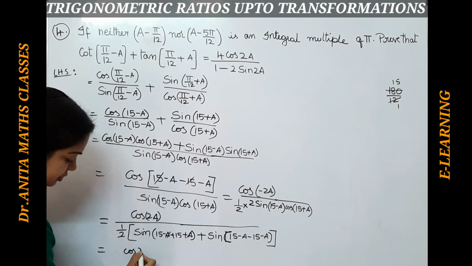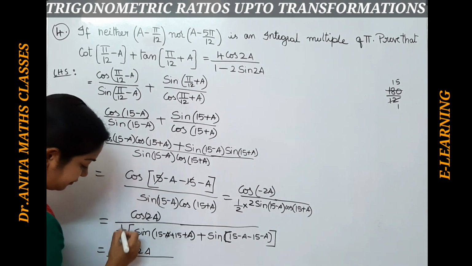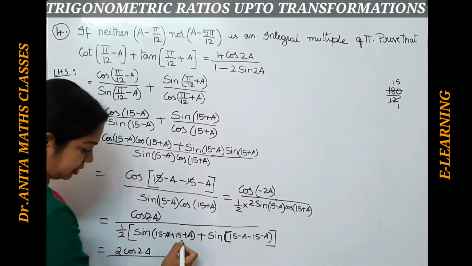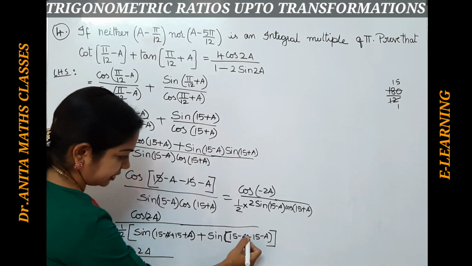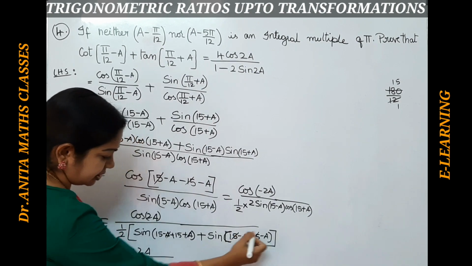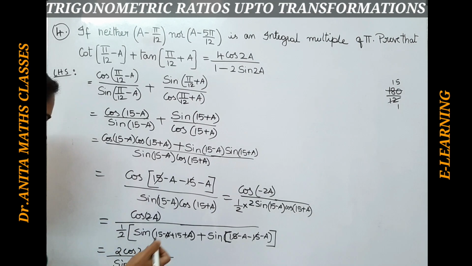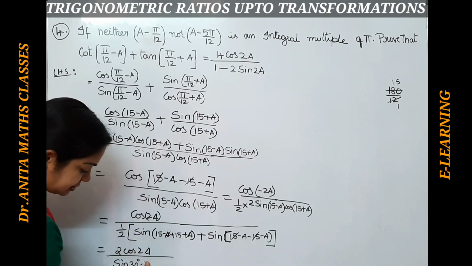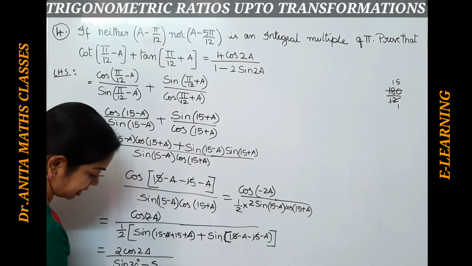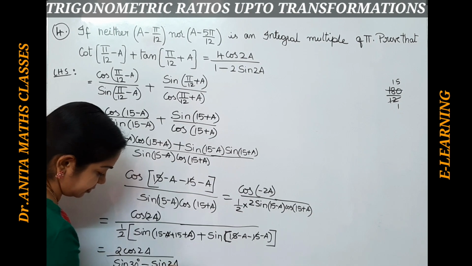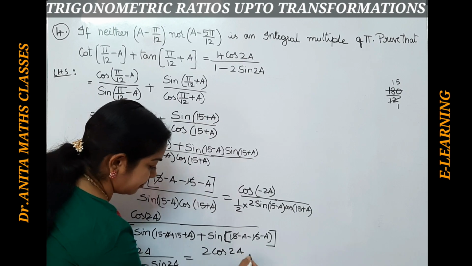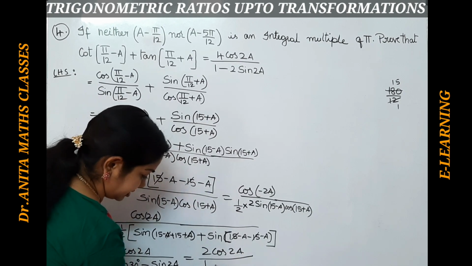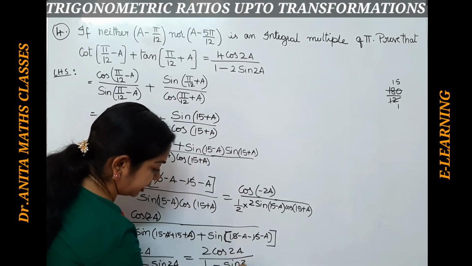So this becomes cos 2a, and this half goes up, so that is 2. Here you get sin 30 degrees plus, cancelling 15, sin of minus 2a, so minus comes out, minus sin 2a. So this is 2 cos 2a by half, sin 30 is half, minus sin 2a.